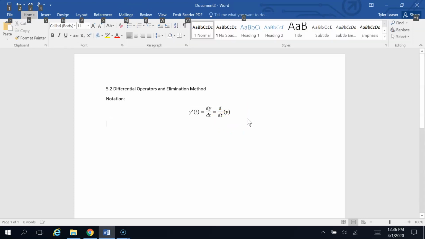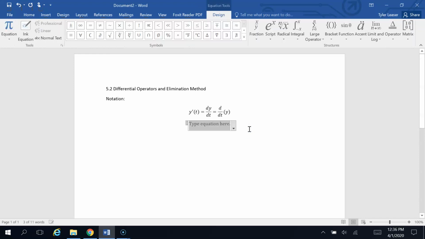And then we can take this even further and do second derivatives. So y double prime of t, the second derivative, we would write like this. Or what we could do is write it like this: d/dt of d/dt of y.